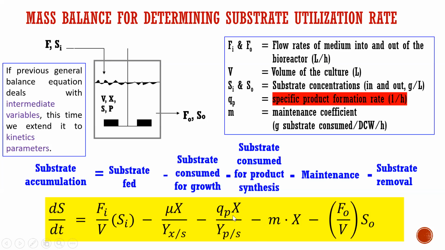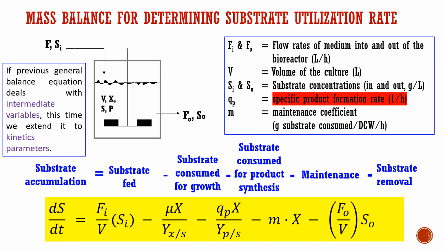Okay. So if people ask you what is the unit for mu, can you answer that? Of course, the answer is per hour. But what is the unit for QP, specific product formation rate? Is it still per hour? No, right? So what is the unit for QP?